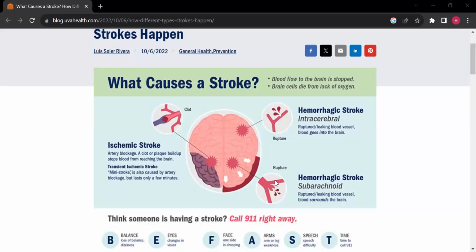And then you have intracerebral hemorrhage, which is this one, which is usually because of hypertension, which now leads to busting of arteries, bleeding into the brain. And then you also have subdural, which is not shown over here, which is caused by head trauma.